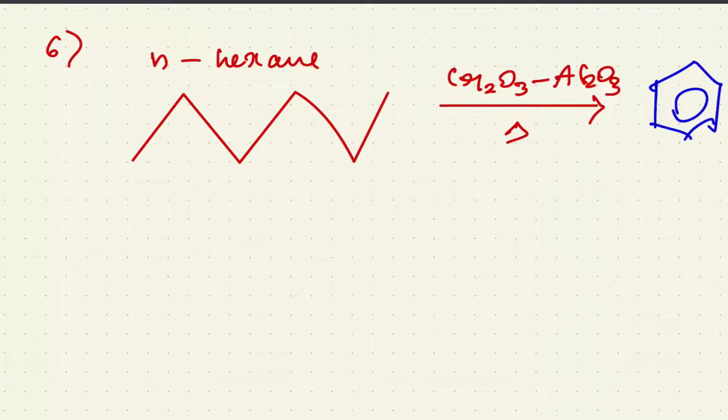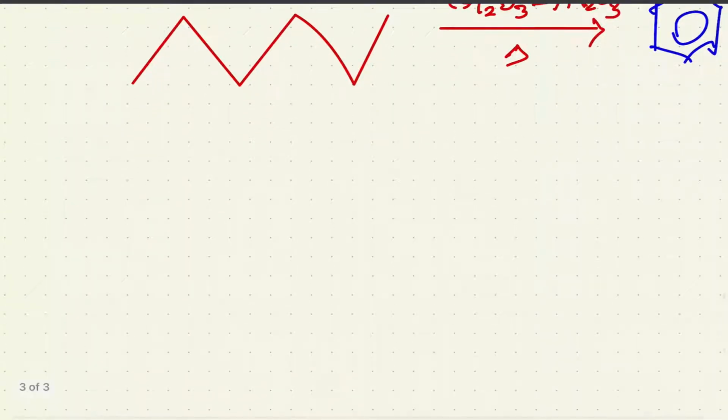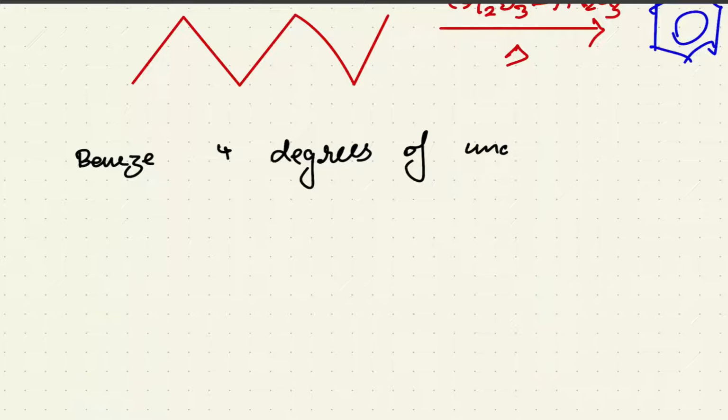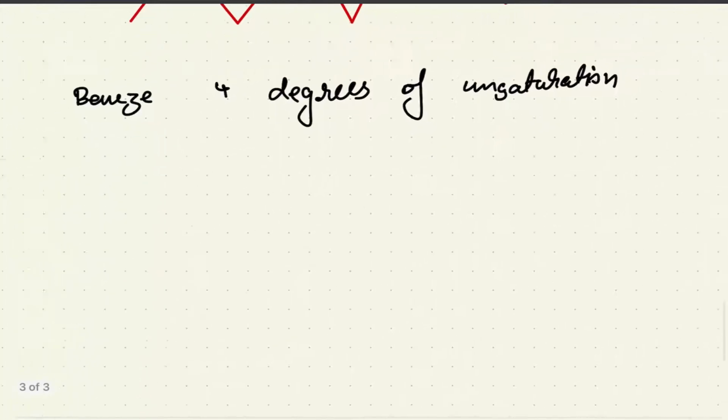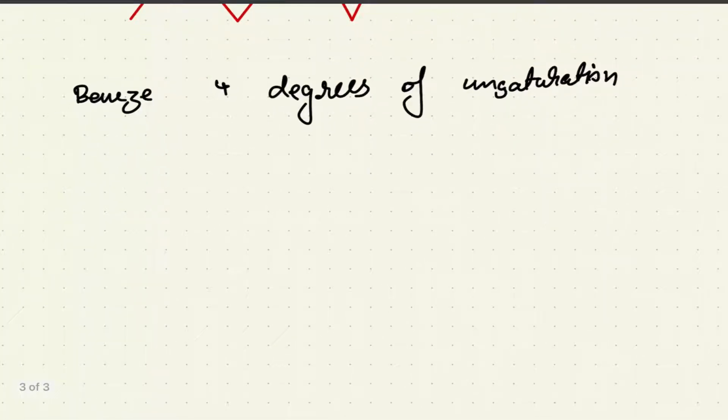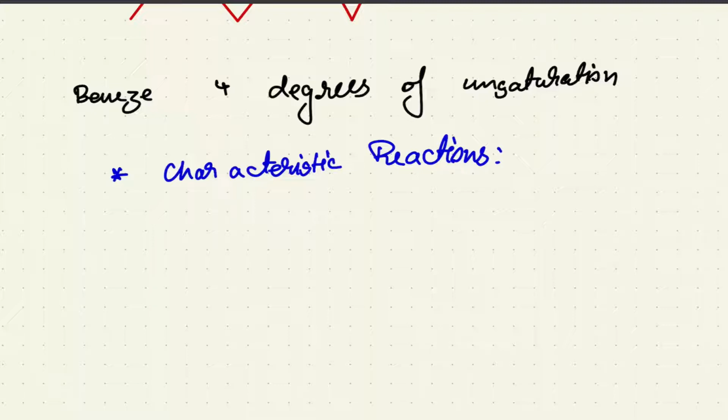So going further into the details of benzene, benzene has 4 degrees of unsaturation. So, talking about the characteristic reaction that benzene undergoes, it is EAS.